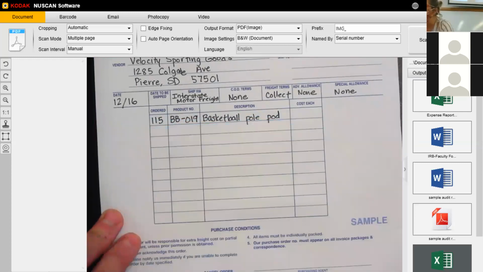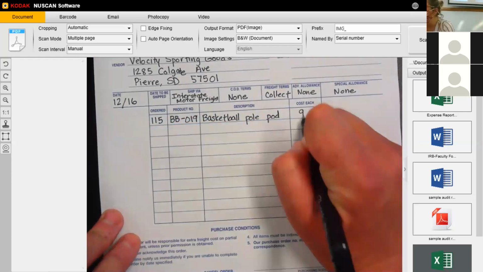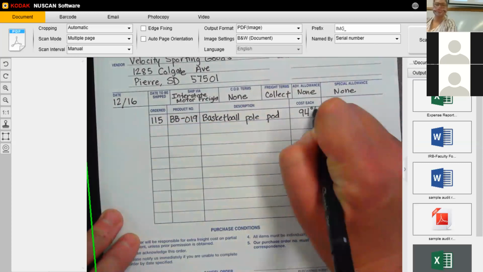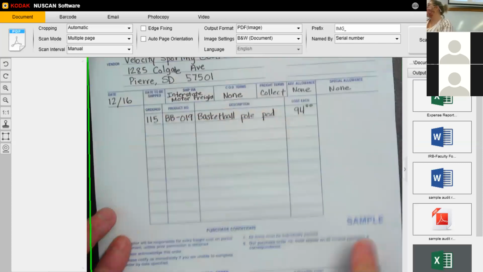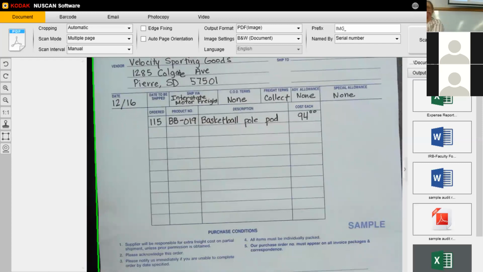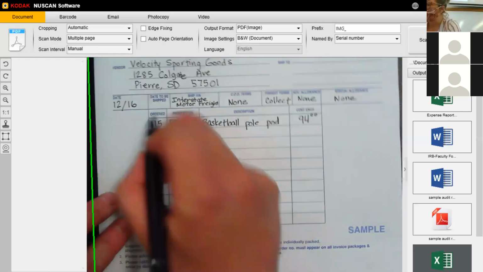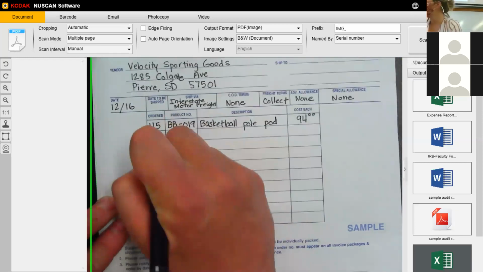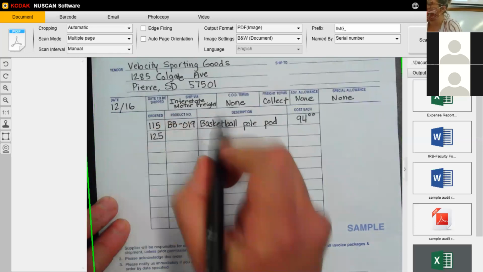The cost each is $94. Any questions about that? All right. So it looks like the other items are 125.